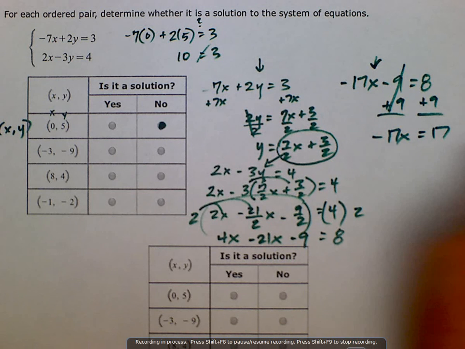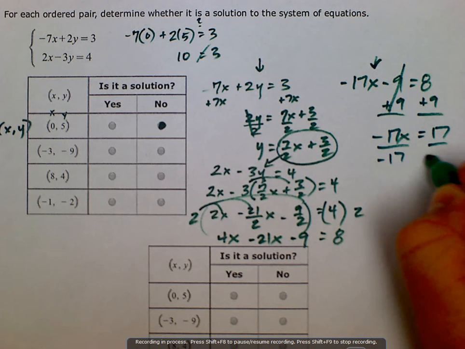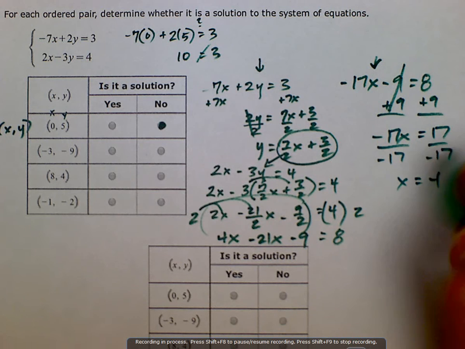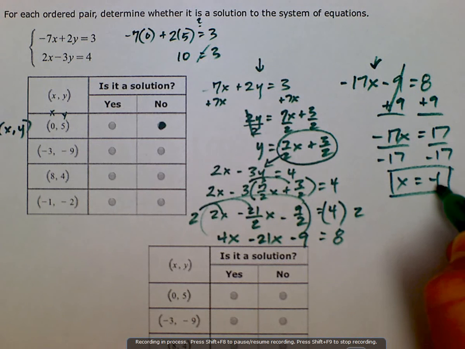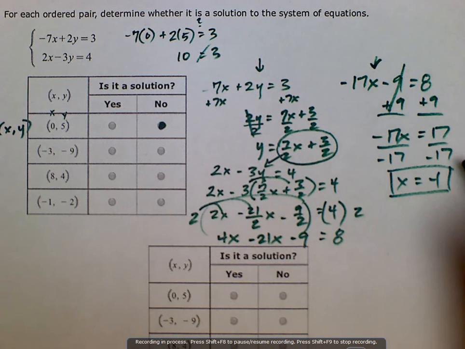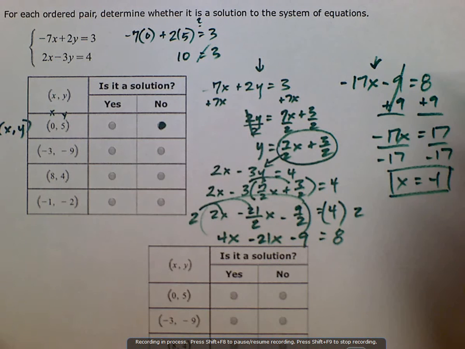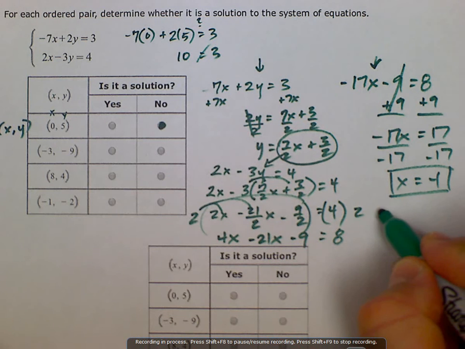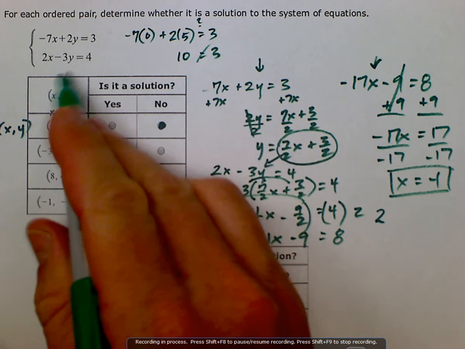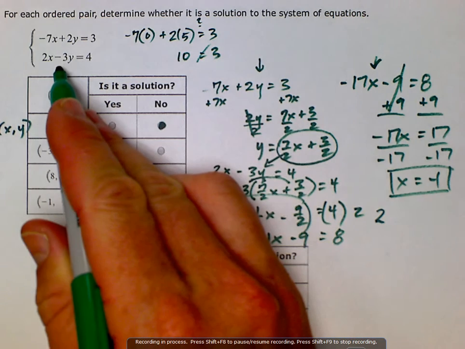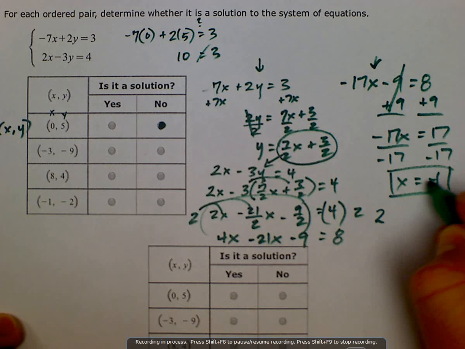Finally, divide by my coefficient, and I get x is equal to -1. So it might seem like a lot of work, but I know now that my x value is -1, and I can plug that back in to either one of my original equations to find my y value. So if I take 2x minus 3y is equal to 4, I would just plug this in here.